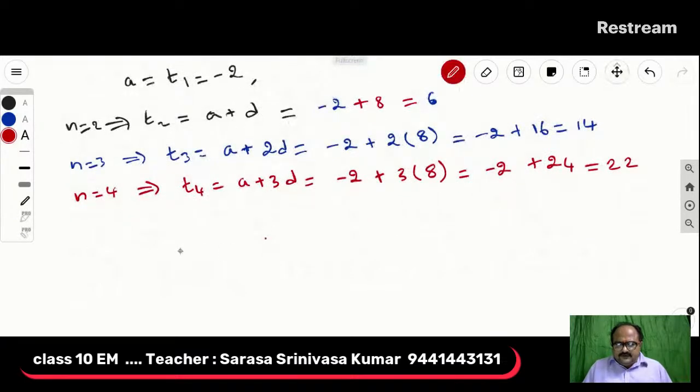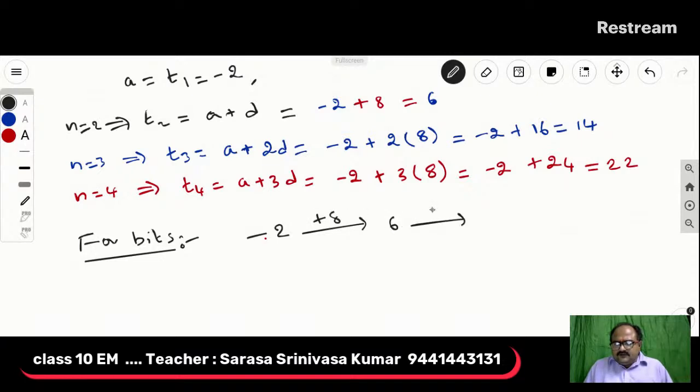For bit paper purposes, we can write this as minus 2 plus 8, it is 6. Next, plus 8, 14. Plus 8, it is 22.